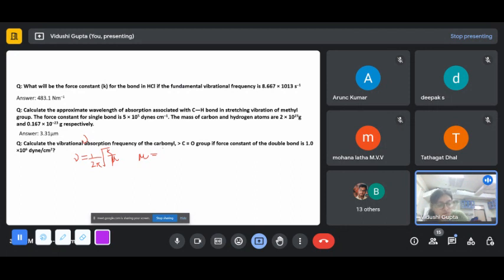So the value of mu after solving will be approximately 1.14 into 10 raised to power minus 23 gram.